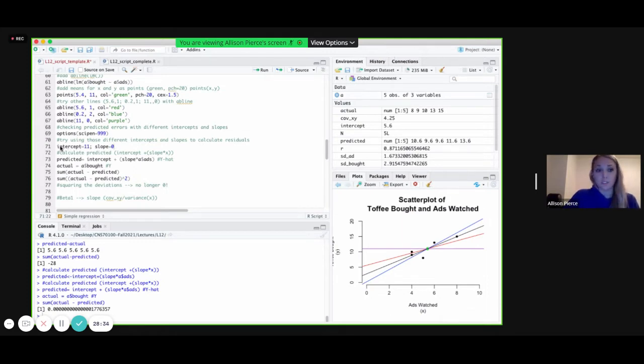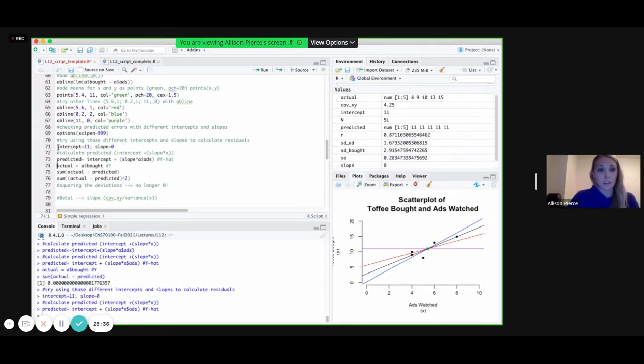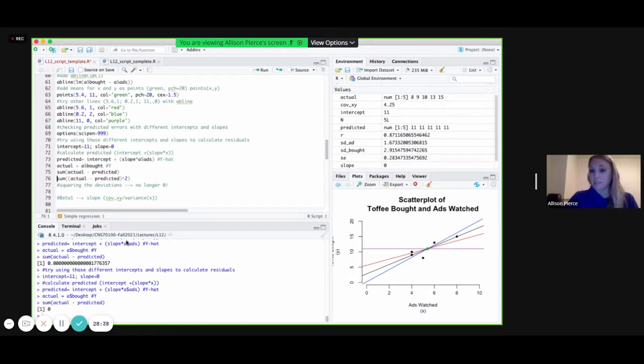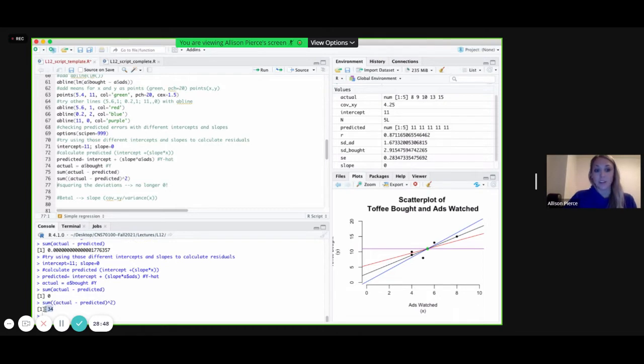So we should have huge residuals for this, right? But when I sum it, it's 0 every time. So this is why we have to square them. Just like with sums of squares and variance, we do the same thing where I square them. If I square this one, now we can see we have a larger residual value than if I use 5.6 and 1, which was the red line.